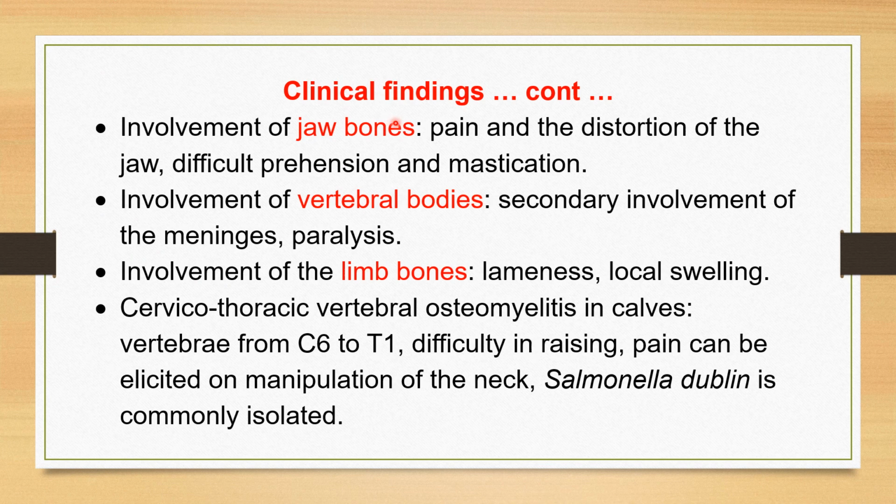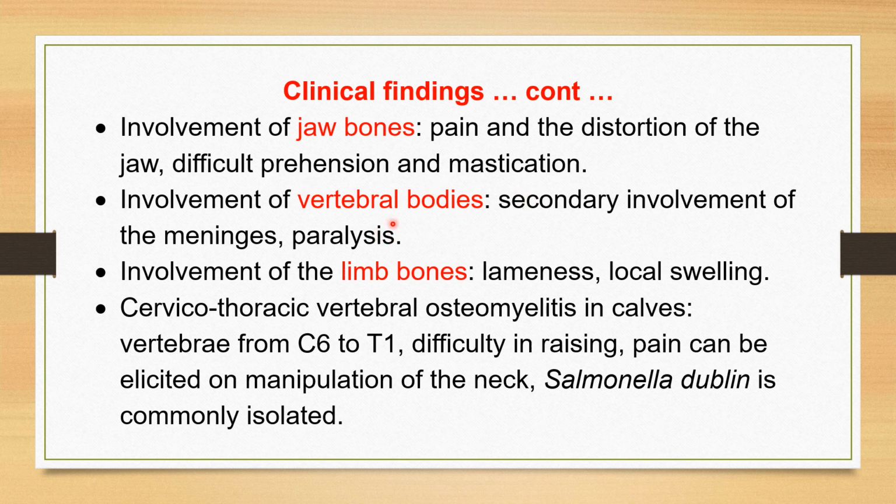We continue clinical findings. If there is involvement of the jaw bones, there is pain at the jaw and distortion of the jaw, and that causes difficulty in prehension and mastication of food.